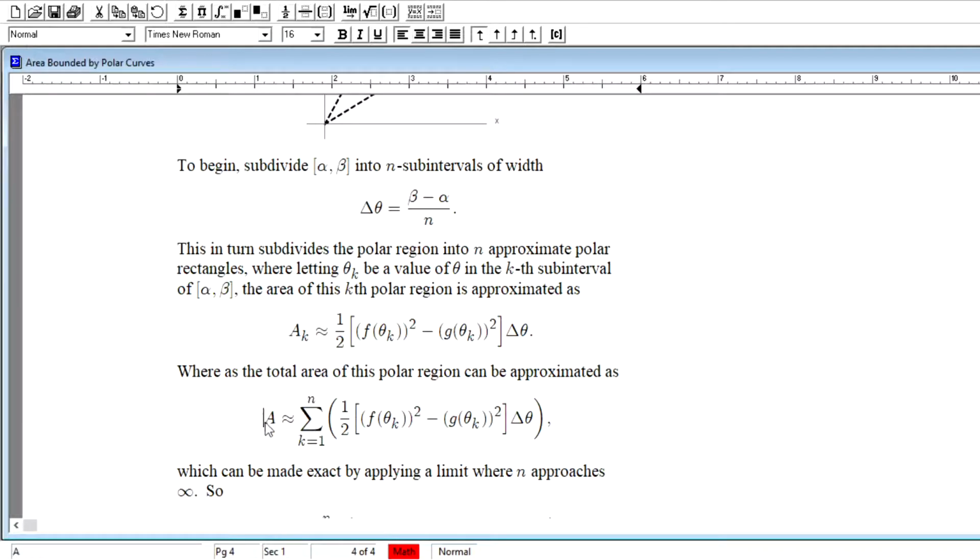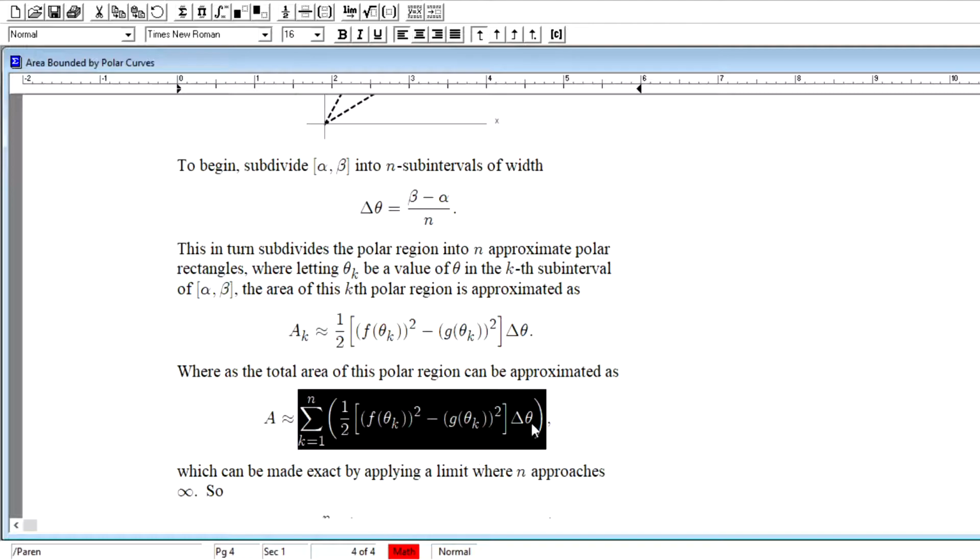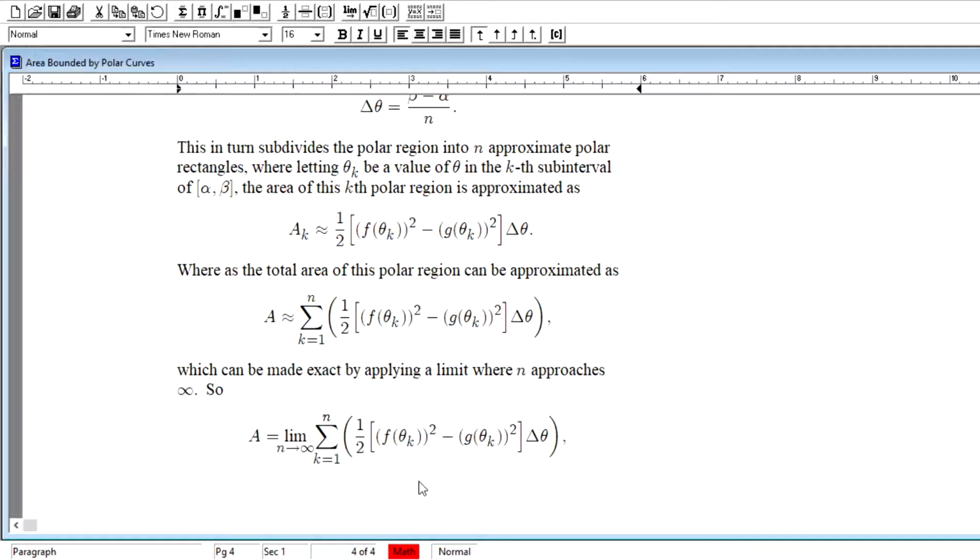We would approximate that total area as the summation seen here, where we can make that exact by applying a limit as n heads to infinity. So here gives us our exact calculation for that area in terms of the limit of this Riemann summation that is occurring in the polar coordinate context.